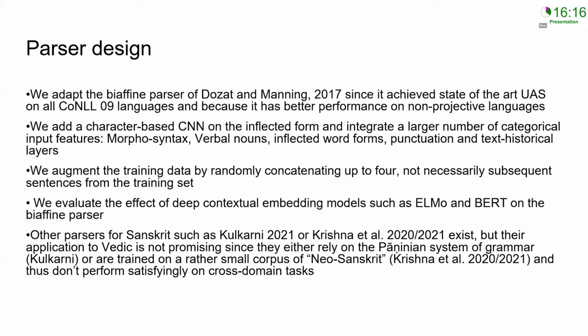This works on the inflected form, and we also integrate a larger number of categorical input features. These are morphosyntax, verbal nouns, inflected word forms, punctuation, and text historical layers. We also augment the training data by randomly concatenating up to 4 not necessarily subsequent sentences from the training set, so there is more data available.